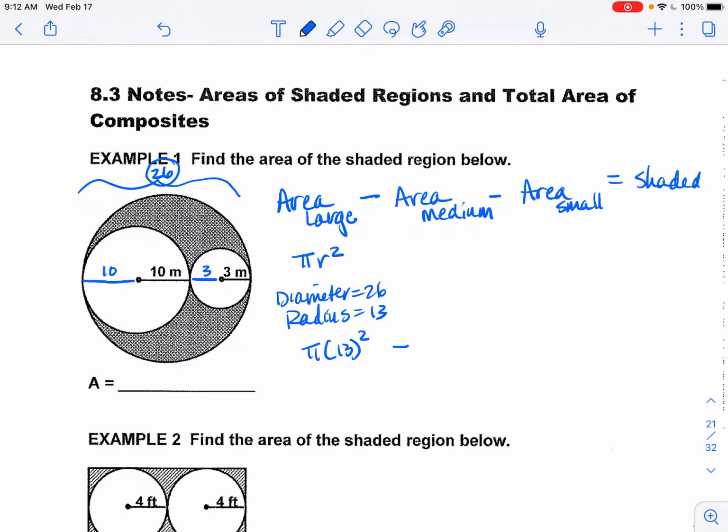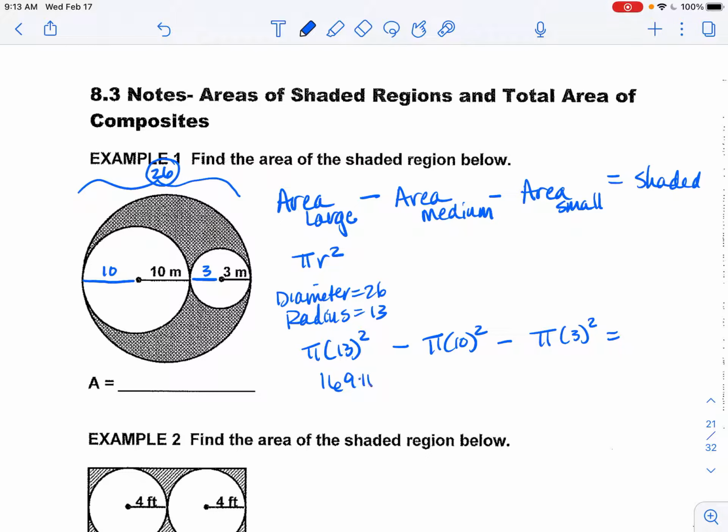Now let's subtract off the area of the medium. That's pi times, well, the radius of the medium is just 10, and the radius of the small is just 3, so that's pi times 3 squared. 13 squared is 169.